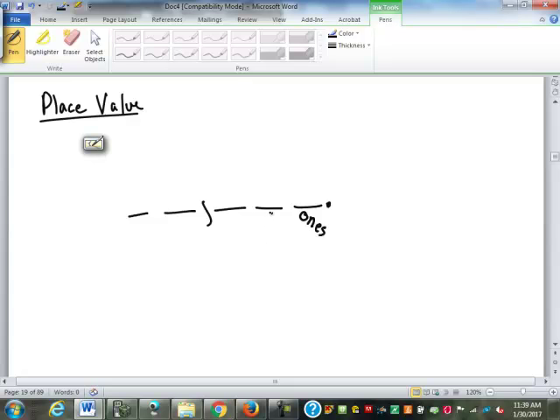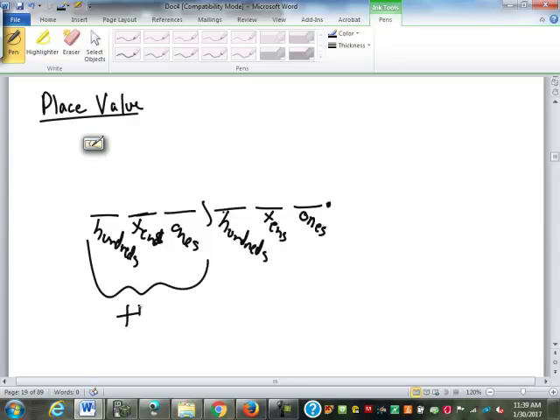What comes next? Tens and hundreds. And as we mentioned, those three place values get repeated over and over again. And it's just in the base group and the thousands group and so on.